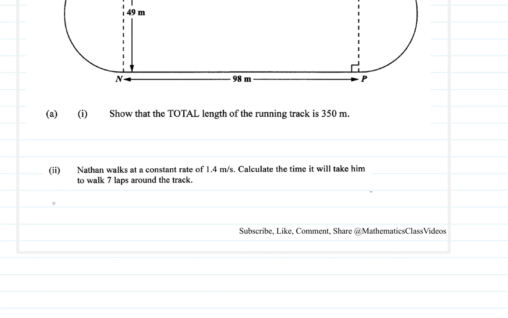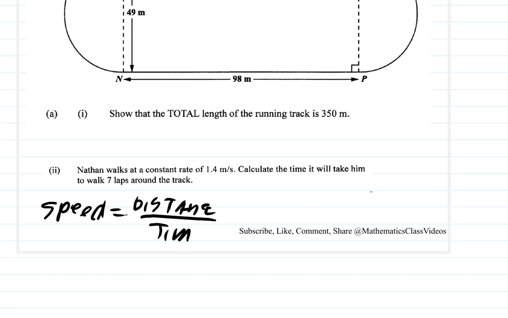Here, you know that speed equals distance over time. Distance would be 350 times 7, because one lap is 350 meters, so it's 7 laps.